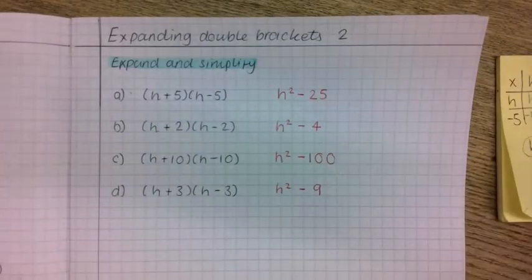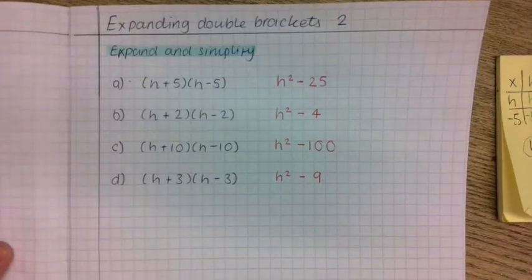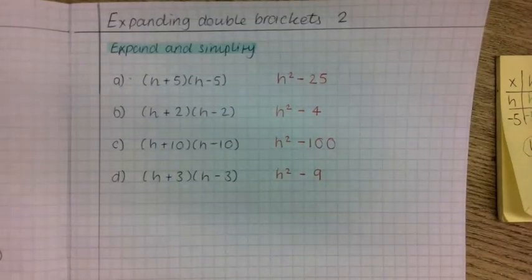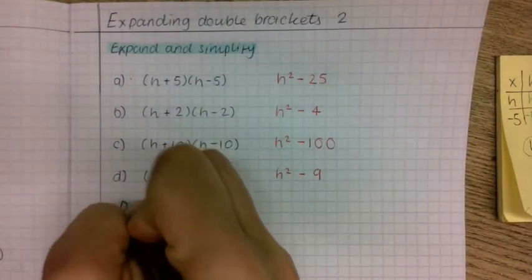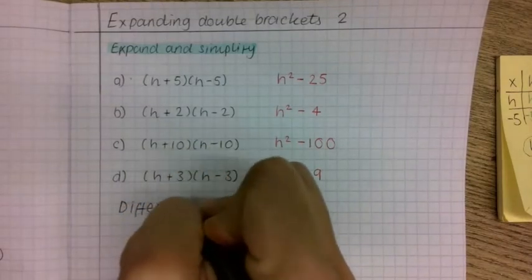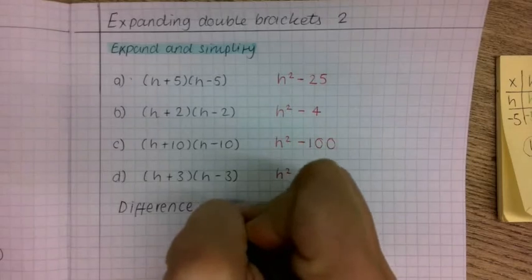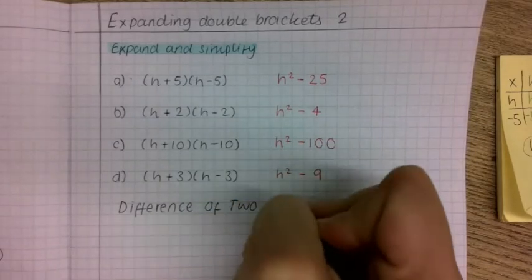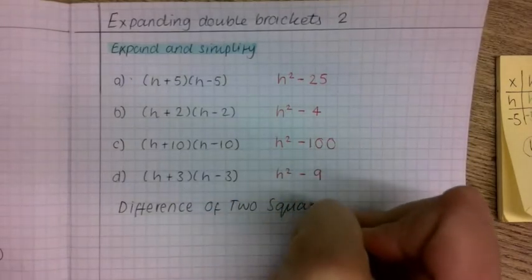Now this has got a special name when we have questions like this. It's called the difference of 2 squares.